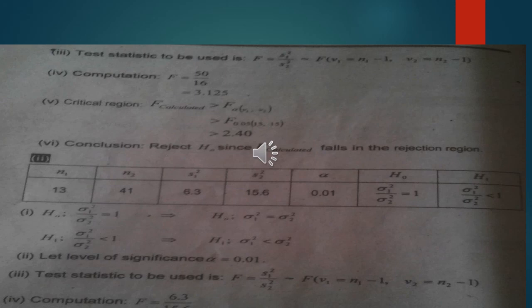and find out the process for using F test. This slide is again about the F test. The question is given to you in which the sample sizes of both samples are given, the standard deviations of both samples are given, level of significance is given to you, and the null and alternative hypotheses are given to you.